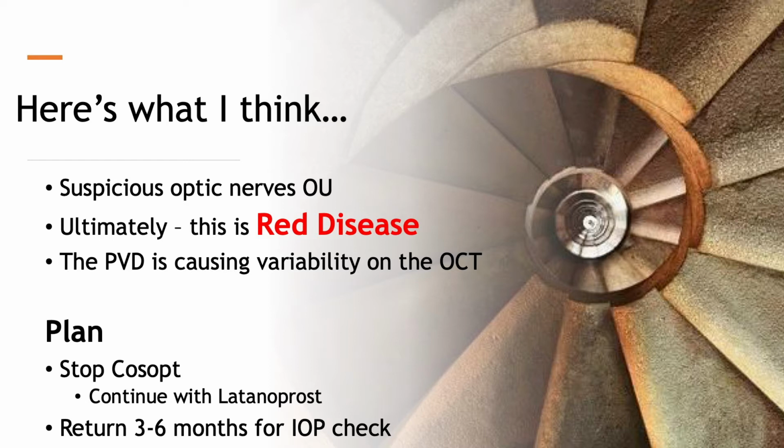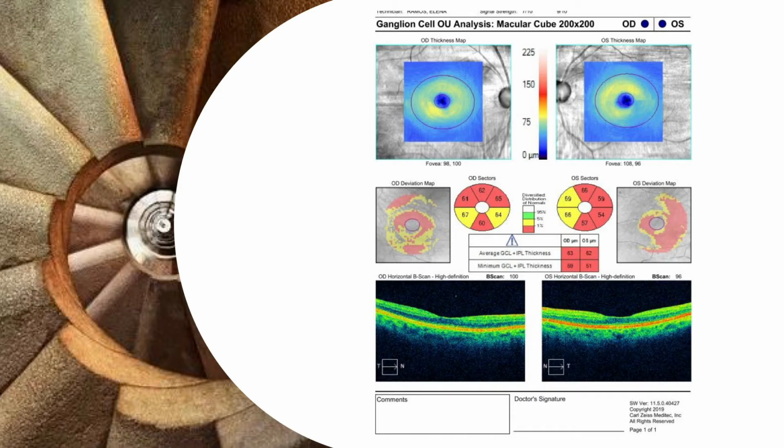Mark, I just had a concern regarding the macular cube scan in his left eye, and you pointed out that he may have an inferotemporal change there, and I think he may, but you said it very nicely that he's got overall thinning, so it's hard to tell.